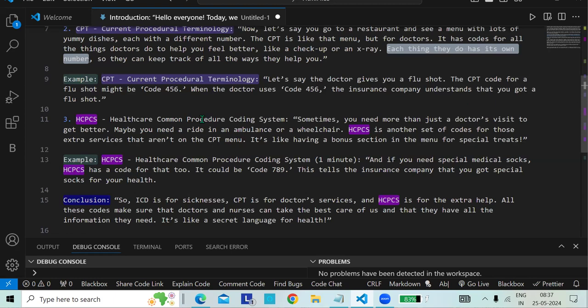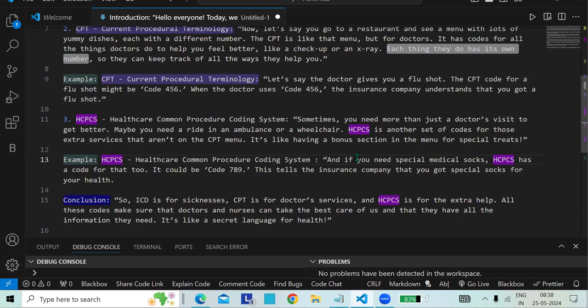Healthcare Common Procedure Coding System. And if you need special medical socks, HCPCS has a code for that too. It could be code 789. This tells the insurance company that you got special socks for your health.